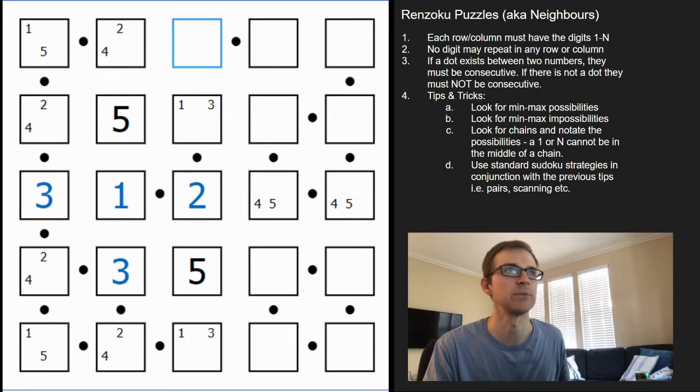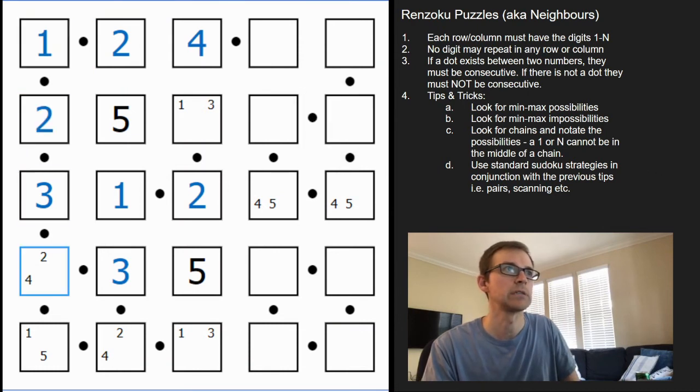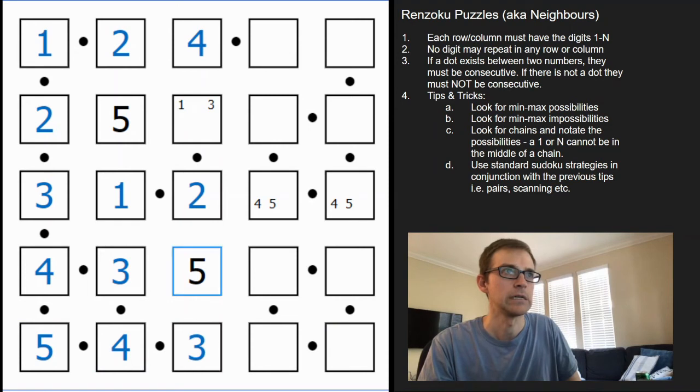So this has to be a 4 then, because we're missing a 4. That forces this to be a 2. And then that must be a 1, because a 5 is not consecutive with 2. And so now we have all of these. This has got to be a 4 since it's consecutive with a 5. This then is a 3. That forces this to be a 1.